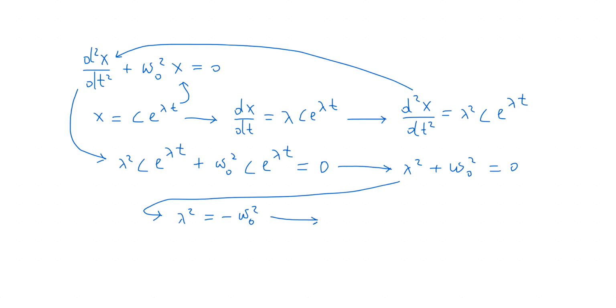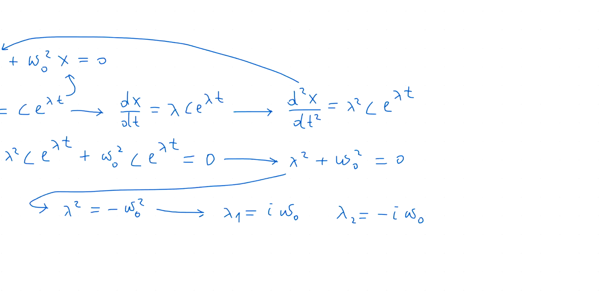The first root is i omega 0, and the second root is minus i omega 0, where i is equal to the square root of minus 1.